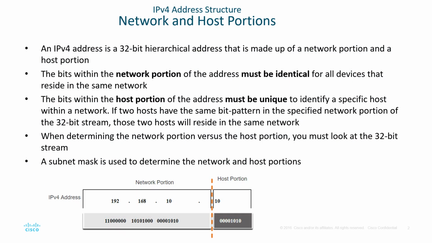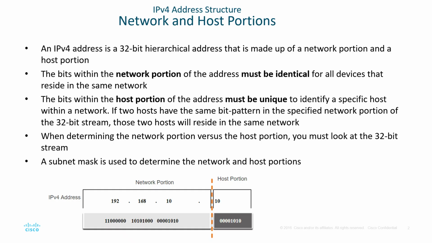Network and host portions of an IP4 address structure. As we know, an IP4 address is a 32-bit hierarchical address that is made up of a network portion and a host portion. The bits within the network portion of the address must be identical for all devices that reside on the same network.